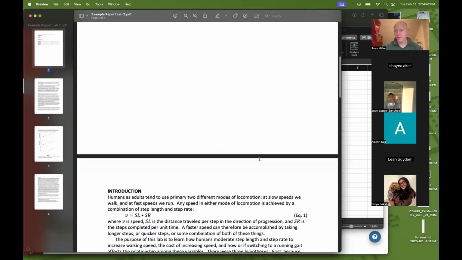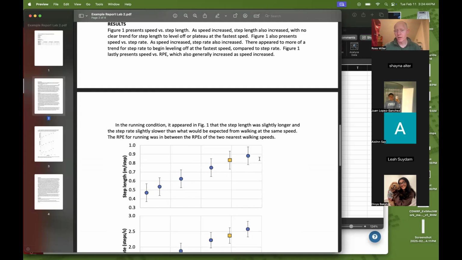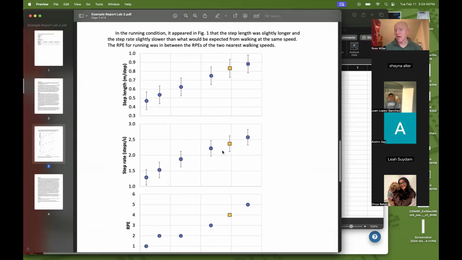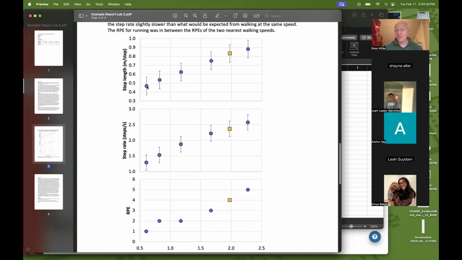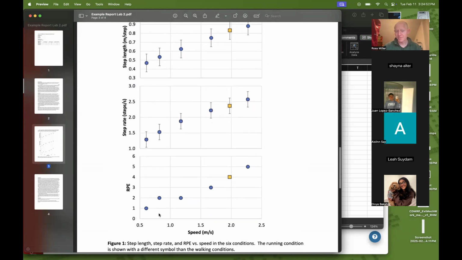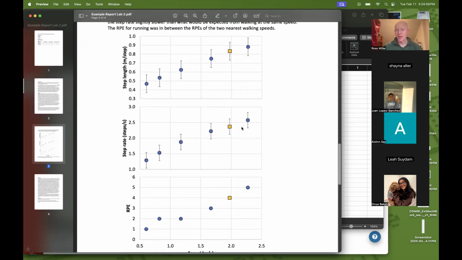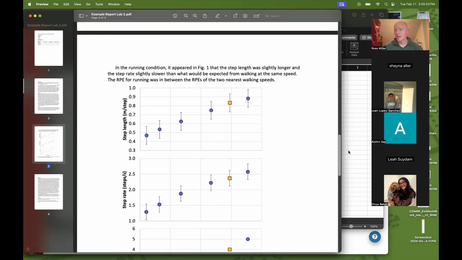So if you scroll through the report here, you'll see under results, there's some charts plotting the mean and standard deviation at these different speeds for step length and step rate, for example. So that's what the Excel sheet is for. It's helping you make these plots that you would then put into your report, but you don't have to actually submit the Excel spreadsheet as part of the report. You can if you want, but it's not required.